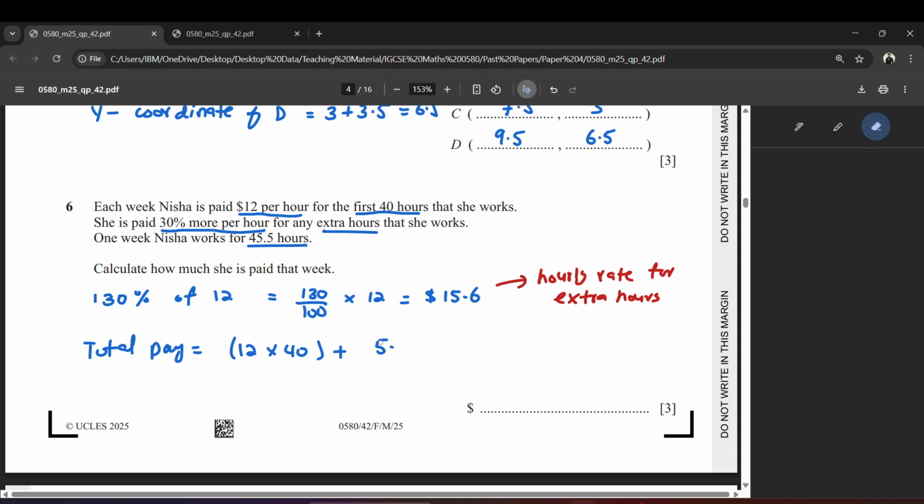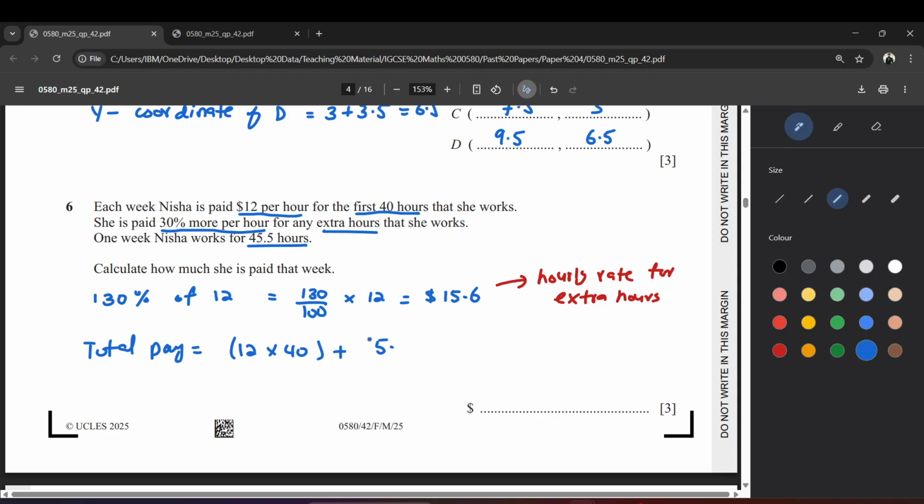Let me first write the hourly rate, which is 15.6 multiplied by 5.5. Okay. So 12 times 40, that is 480 plus, let me work this out, 15.6 into 5.5, that will be 85.8 plus 480. So that gives us $565.8.